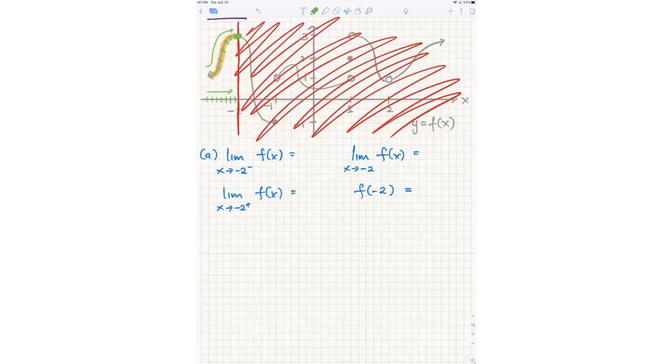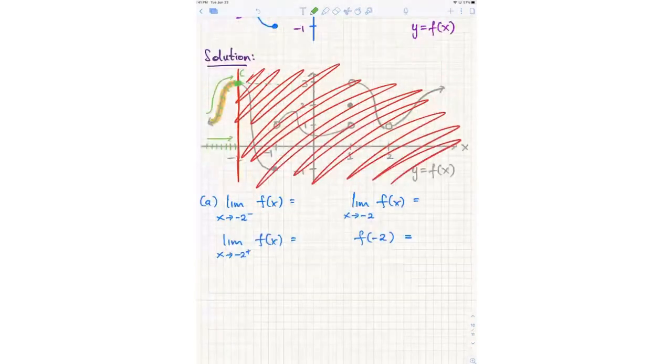Now, what are the coordinates of that point? The coordinates of that point are -2, 3. Right. And we know that the limit corresponds to the y value of that point. So I can conclude that this graph suggests that the limit of that function is 3 from the left.